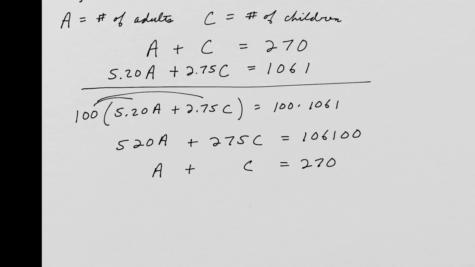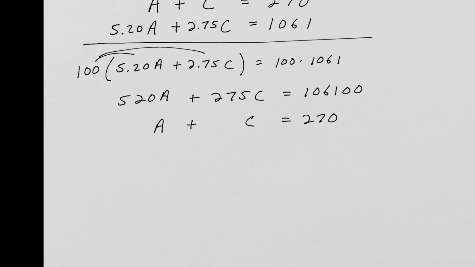Okay, if we're going to eliminate, then I probably want this coefficient, which is now a 1, right? I probably want that to be a negative 520. Because then if I add the A's, I can get rid of the A's. So how do I make that a negative 520? Well, I need to multiply the entire second equation there by negative 520.